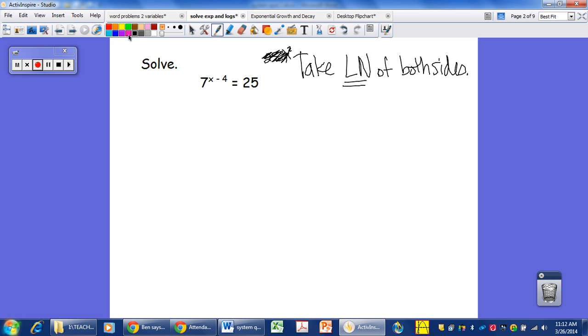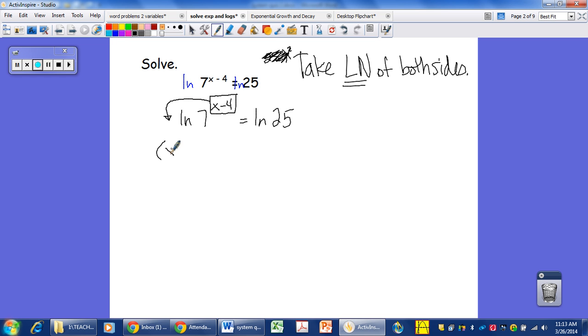So the first step here is to take the natural log of both sides. So we write natural log here and a natural log there, which leaves us with this equation. The natural log of 7 to the x minus 4 power is now equal to the natural log of 25. So one of our rules says that if we have a log of something to a power, we can take the power and change it into a product.